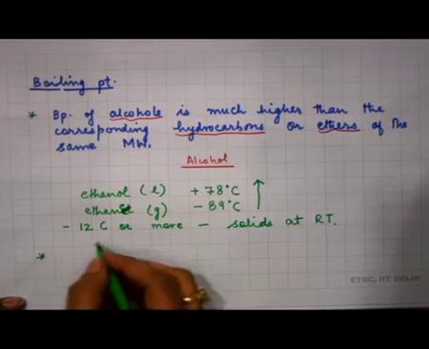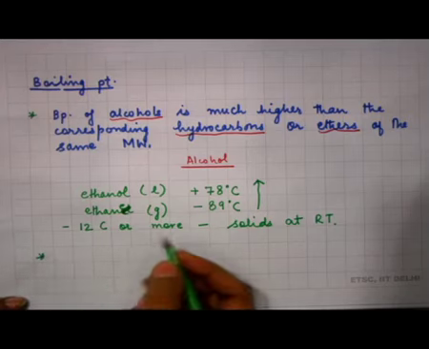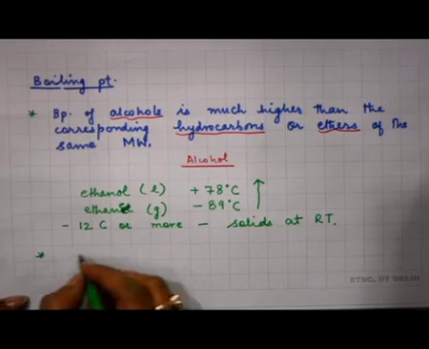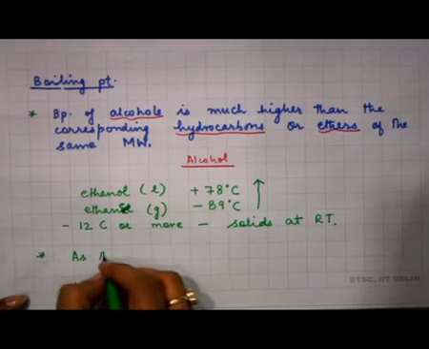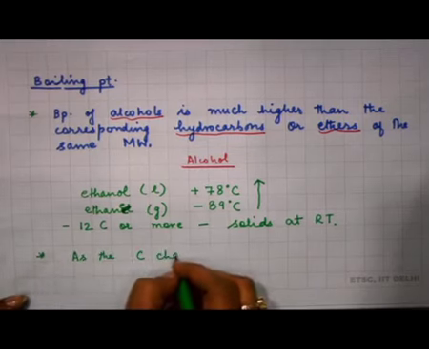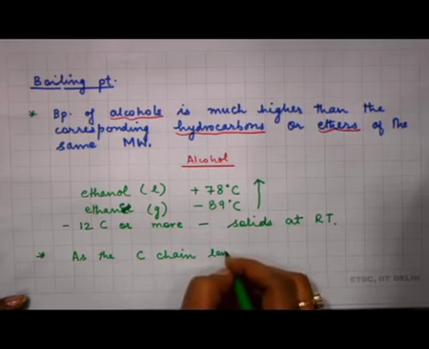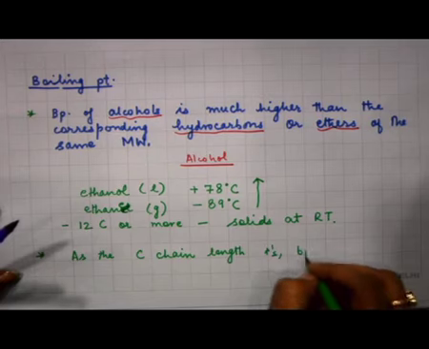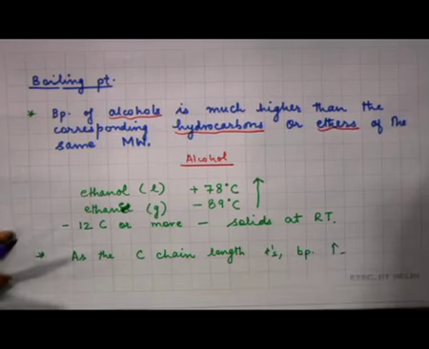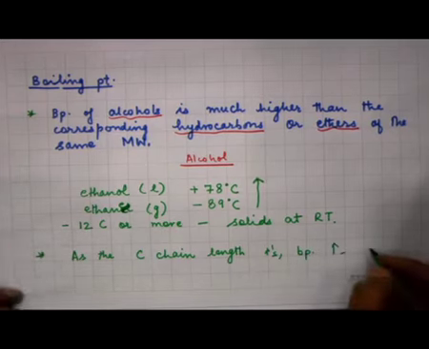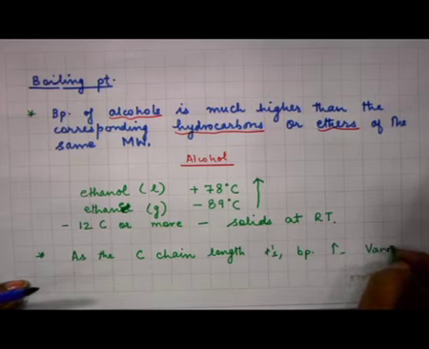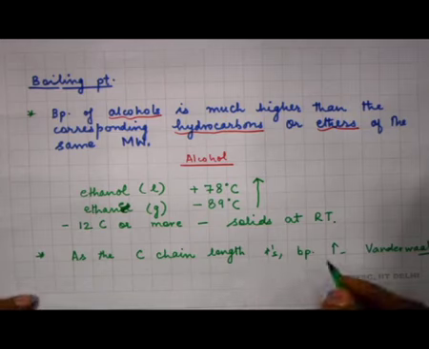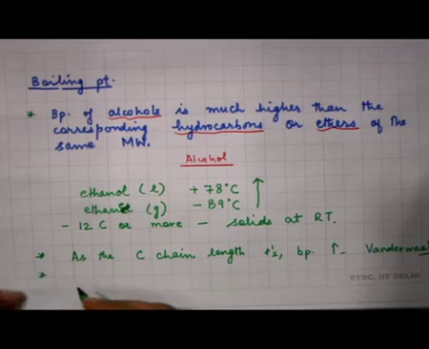The other property in terms of the boiling point of alcohols is similar to what we see in hydrocarbons: as the carbon chain length increases, the boiling point of alcohols tends to increase. This is quite obvious because it is supported by the van der Waals interactions which the longer alkyl chains are going to have, thereby raising the boiling points.